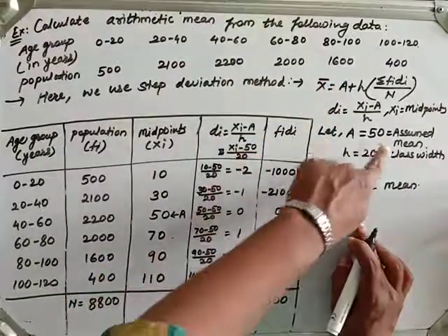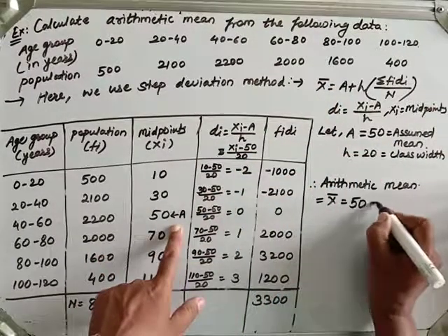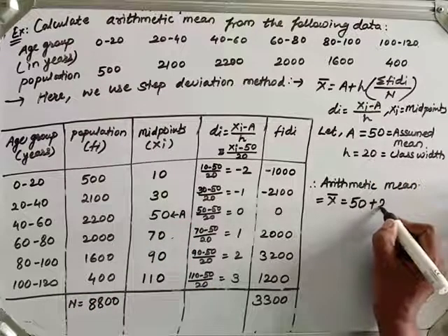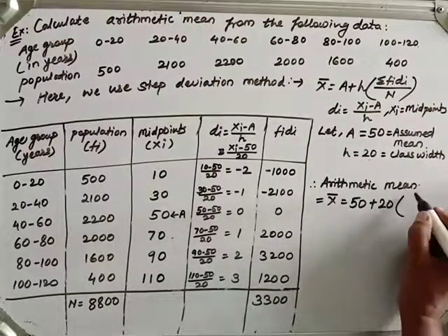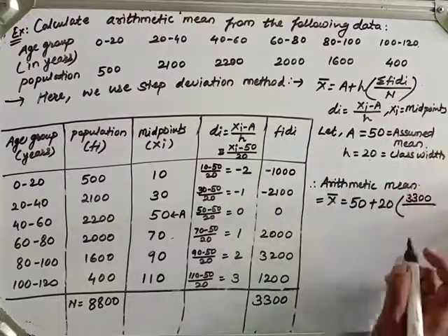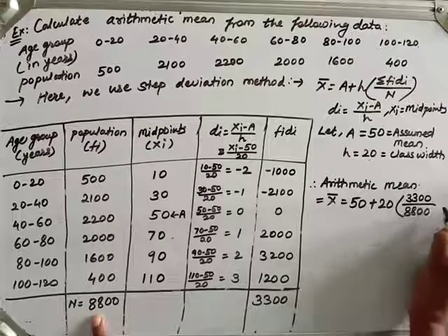What is A? A is 50. Plus h. H is how much? 20 here. H is 20 into summation fidi, this 3300, upon capital N, this 8800.